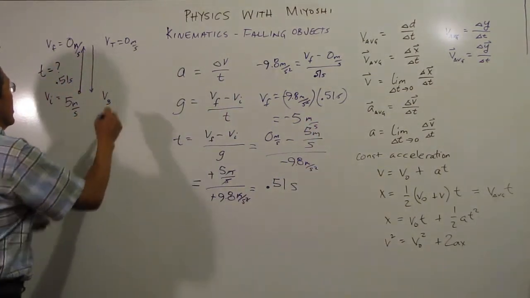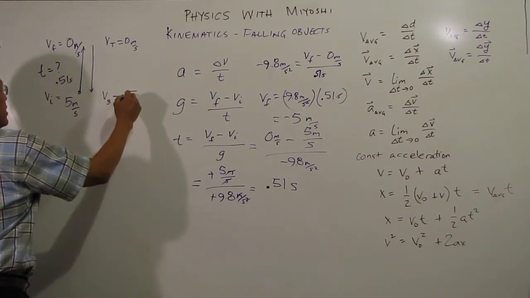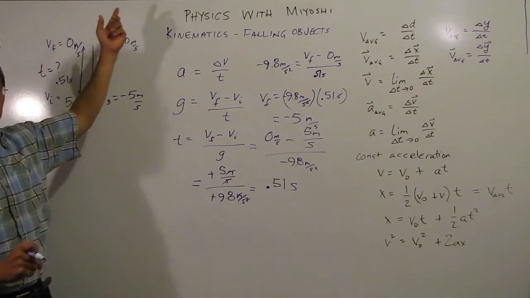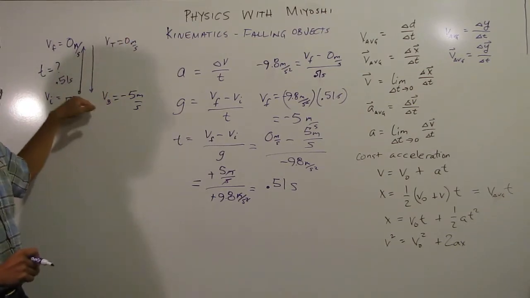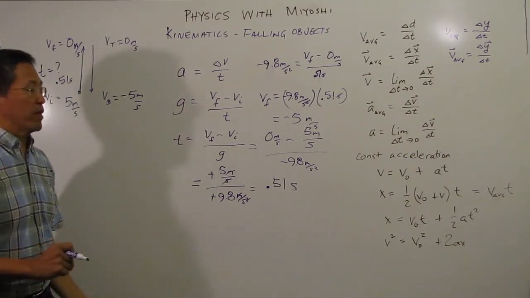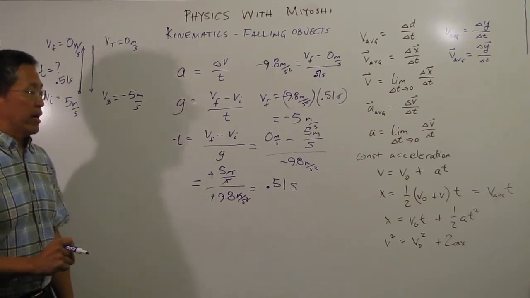So this is what we call the symmetry, if you will, of falling objects. If I throw something up, when it comes back down it takes the exact same amount of time and covers the exact same amount of distance, as long as we don't account for air friction.